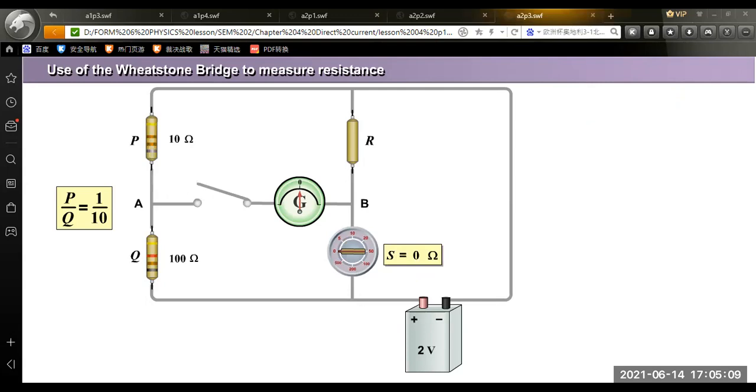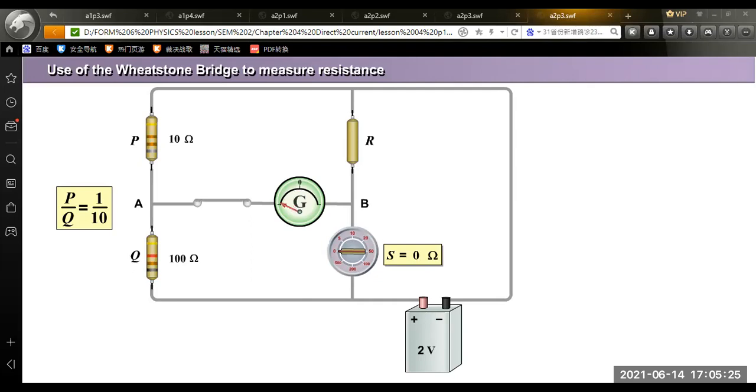Now we go to the next slide. Now P over Q is equal to 1 over 10. P is smaller, right?